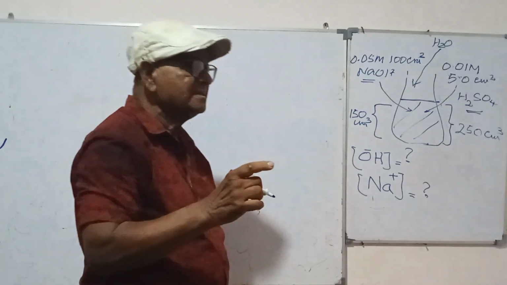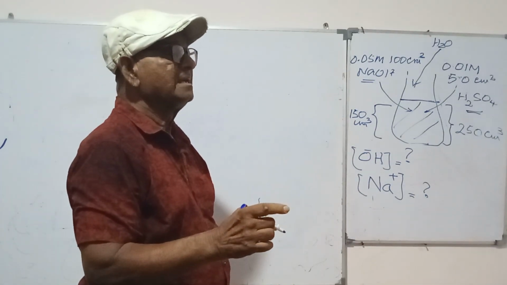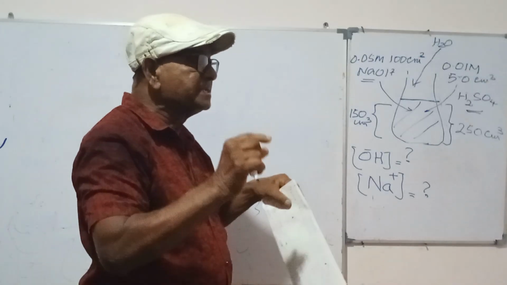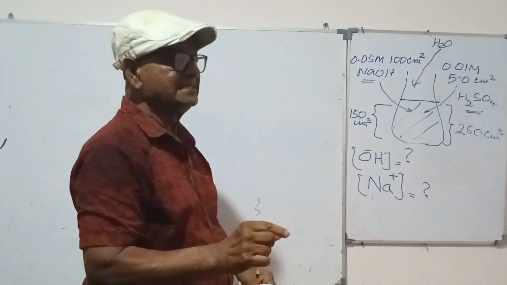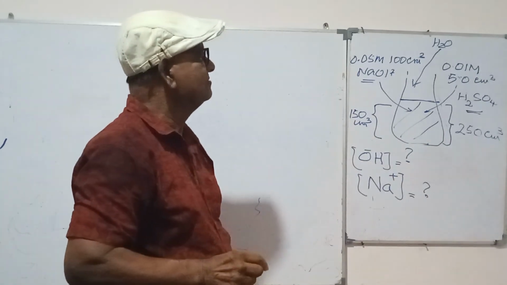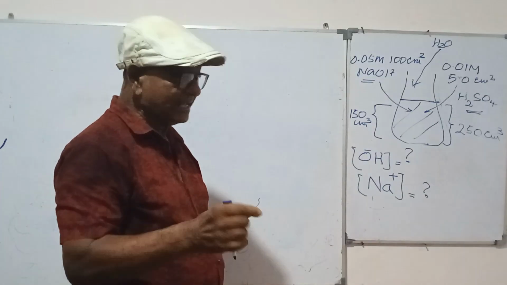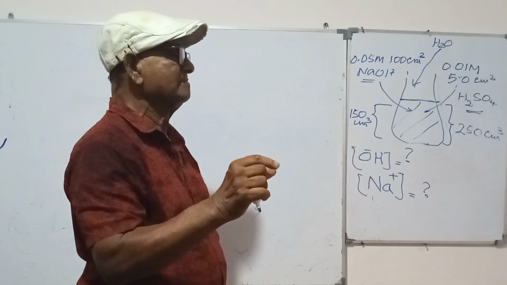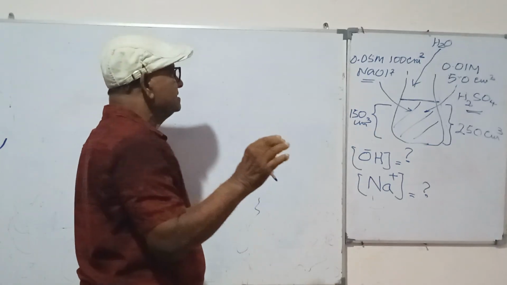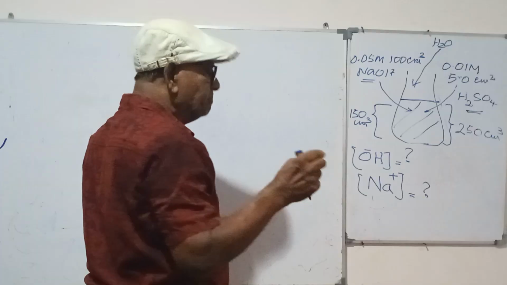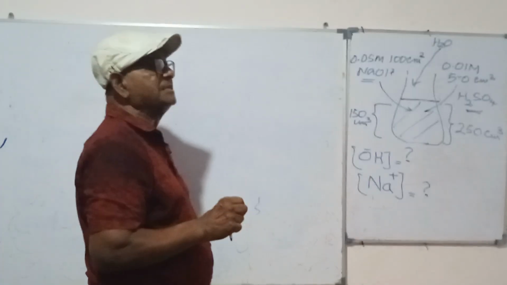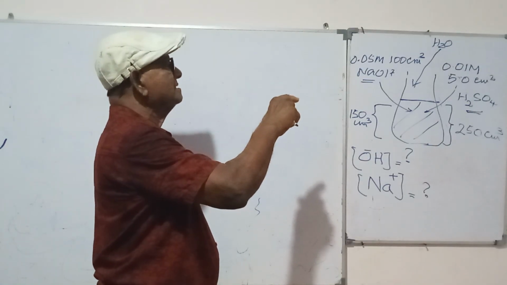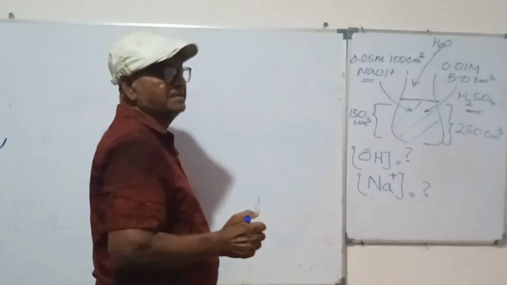If we mix acid and base, an acid-base reaction occurs in this vessel. Then we must go through the acid-base reaction. We must give the balanced chemical equation for the reaction that occurred in the solution.